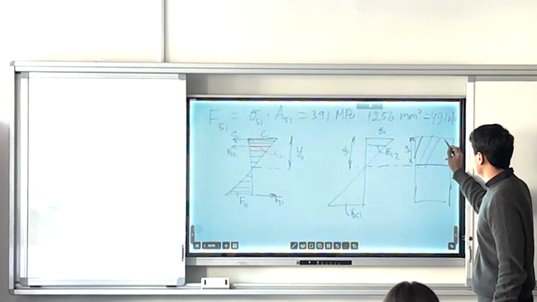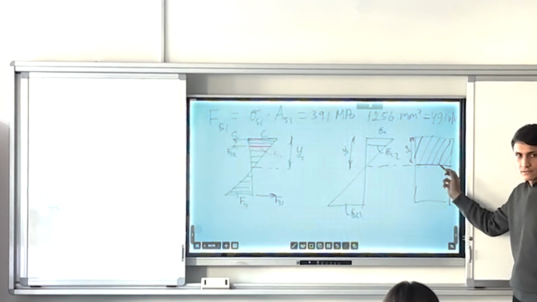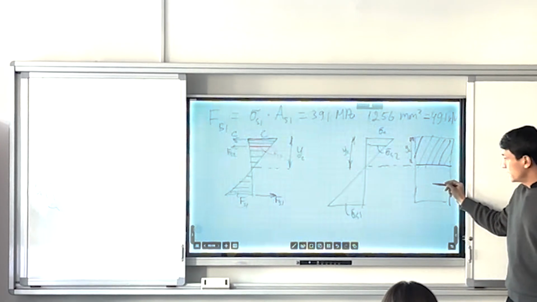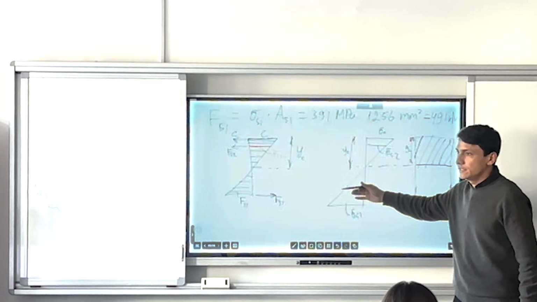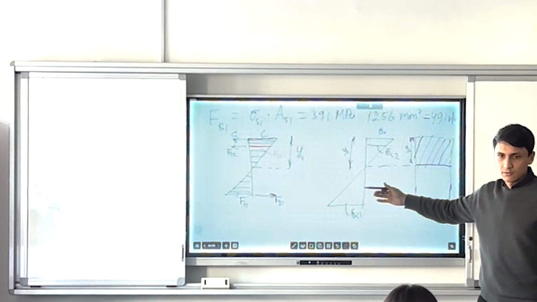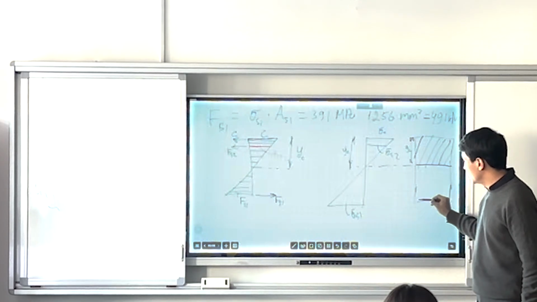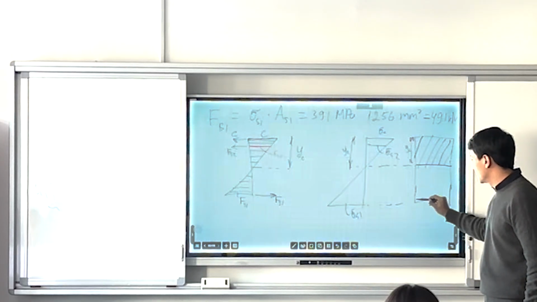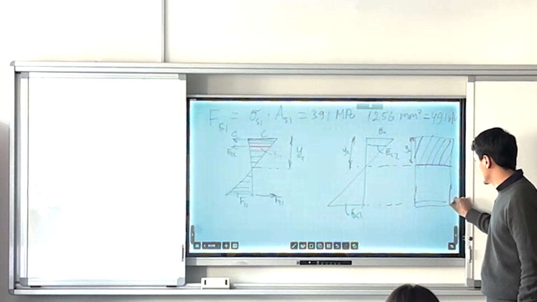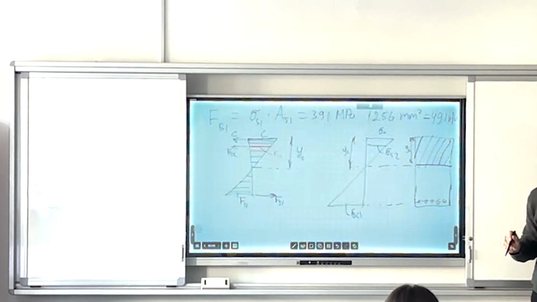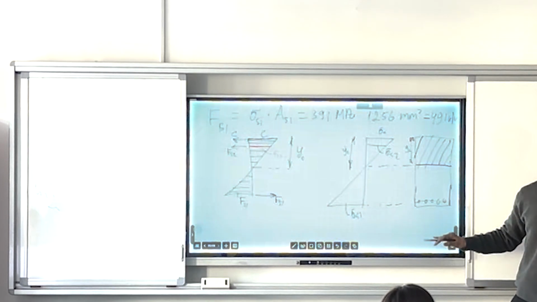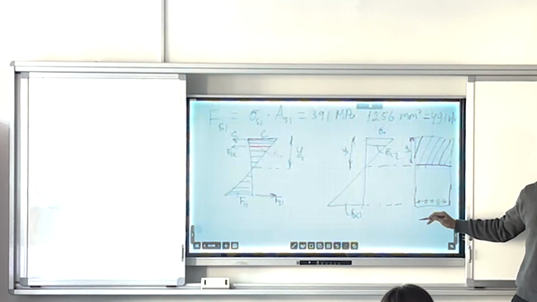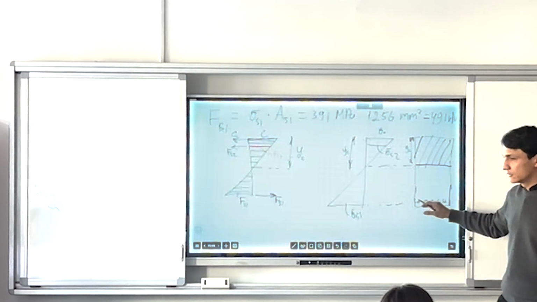So this part of the concrete is compressed. So this part is tensed. So that's why diagram is linearly changing on the opposite side. So the maximum tensile force is coming to the bottom rebar. Okay? It should be somewhere like this. Is it clear? So I'm not considering concrete in tension because concrete has very low tensile strength. So that's why we are not taking into account the concrete.